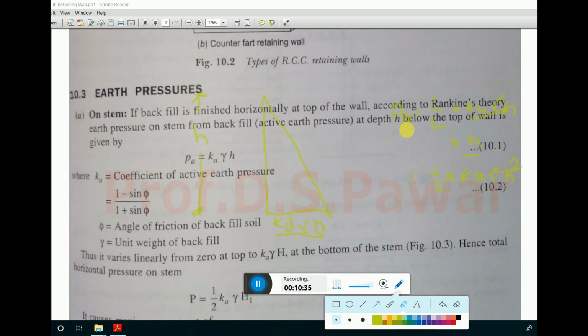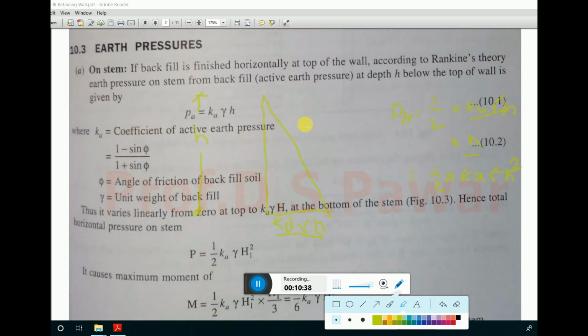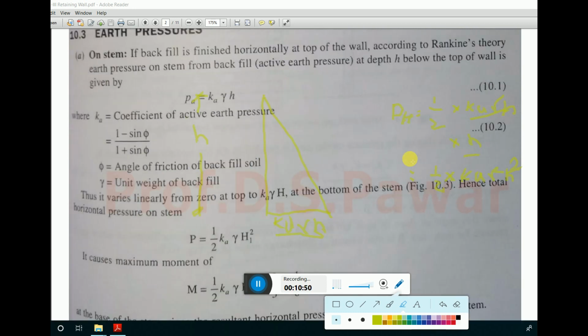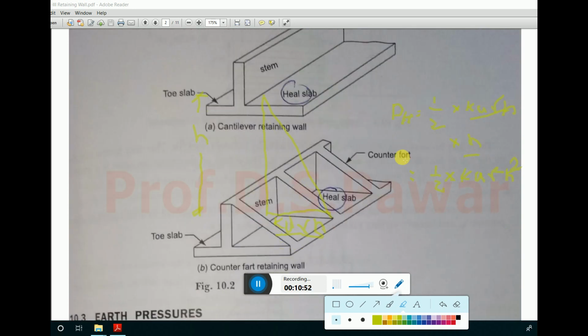See here, whatever earth pressure they have calculated. So this is the pressure, Ka into gamma h, and the force they have calculated like this, pH is equal to 1 by 2 Ka into gamma into h square. This is nothing but the pressure which is going to act on the stem, the horizontal pressure.